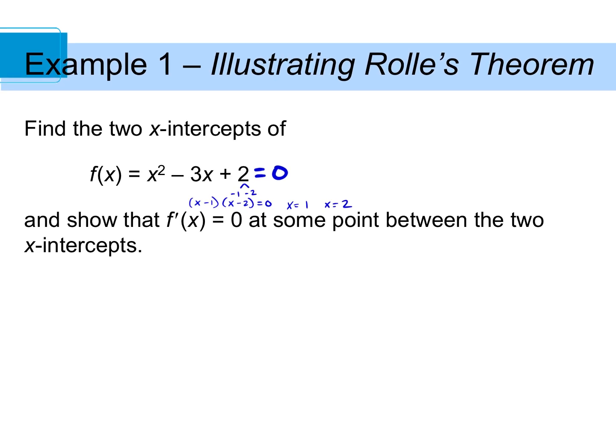Now we need to show that our derivative equals 0 at some point between the two x-intercepts. So our interval that we're dealing with here is from 1 to 2. We get those from our x-intercepts. That gives us the interval.